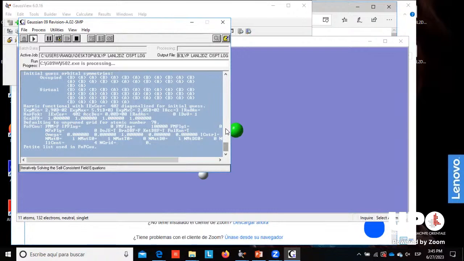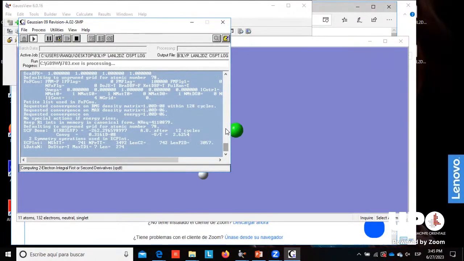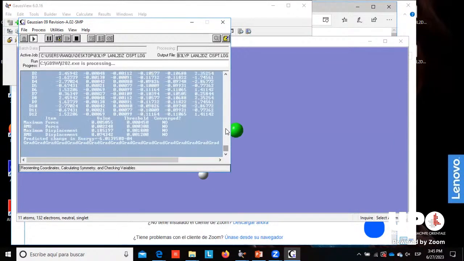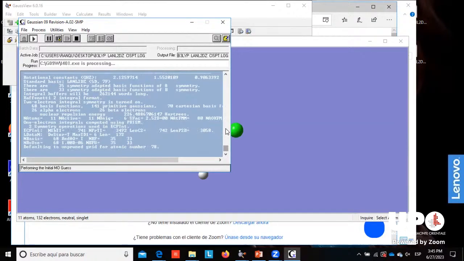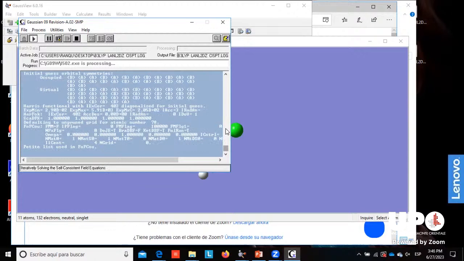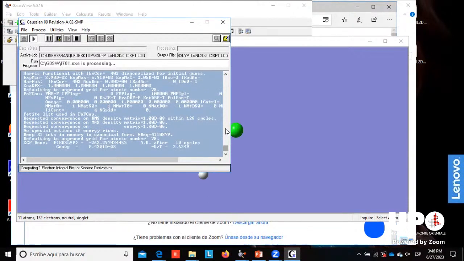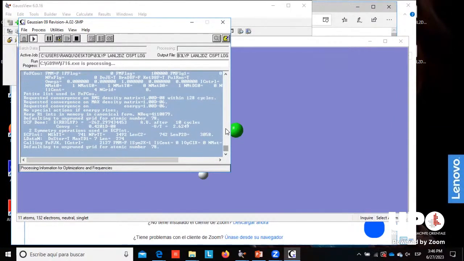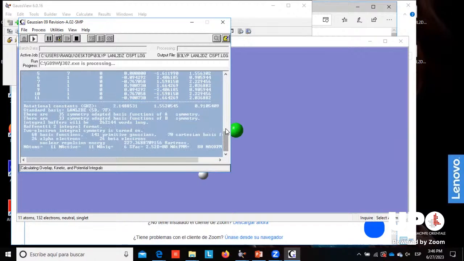So let me see if I can understand how far I am. I think what will take a little while is the frequency calculation afterwards, because now the number of atoms has increased significantly. But I think my optimization is still ongoing. Yeah, I'm still a bit far.